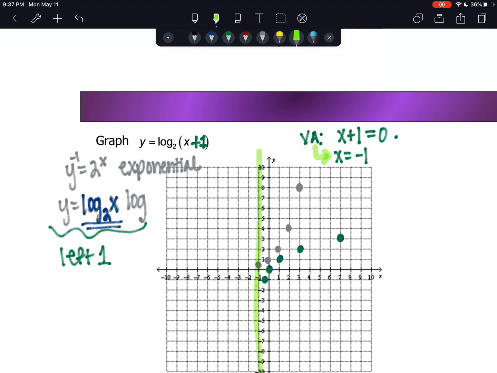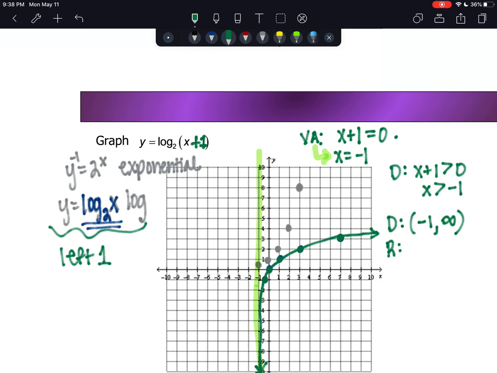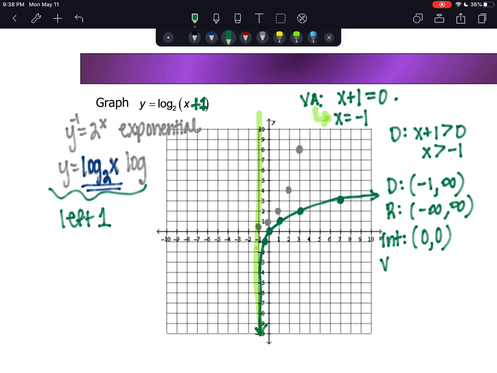And you can see that the domain would be x plus 1 is greater than 0, x is greater than -1, and we write that in interval notation, -1 to infinity. Our range is -infinity to +infinity. Our intercept happens to be a y-intercept and an x-intercept at (0, 0).